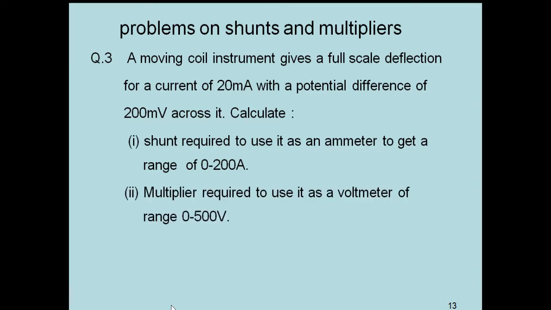Case 2, the multiplier required to use it as a voltmeter in the range of 0 to 500 volts. In this case, they have given the meter current range 20 milliamperes and it can measure a voltage of 200 millivolts.